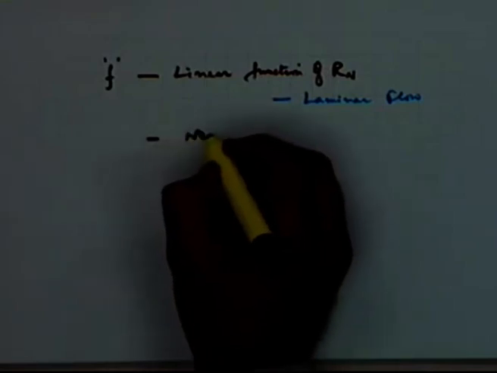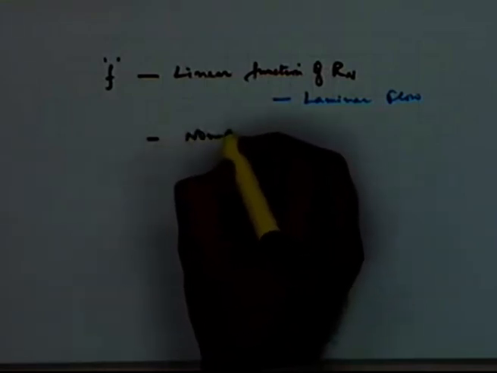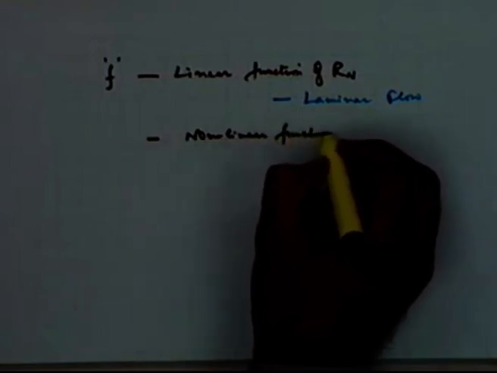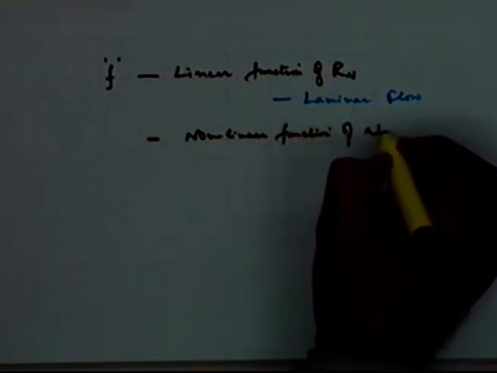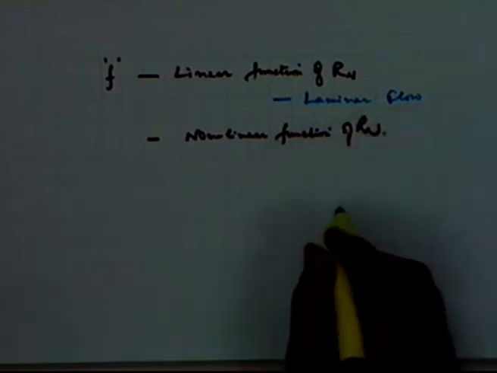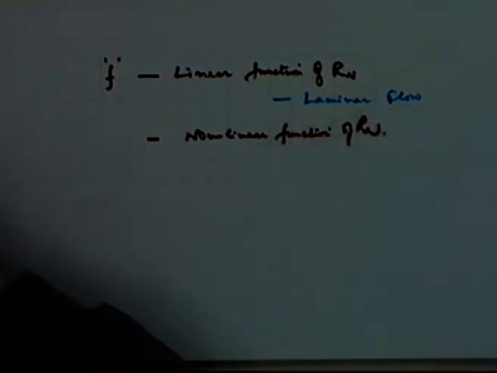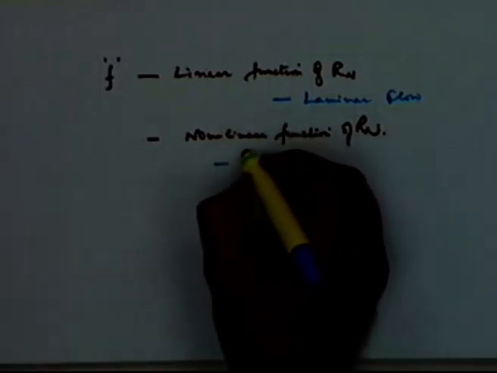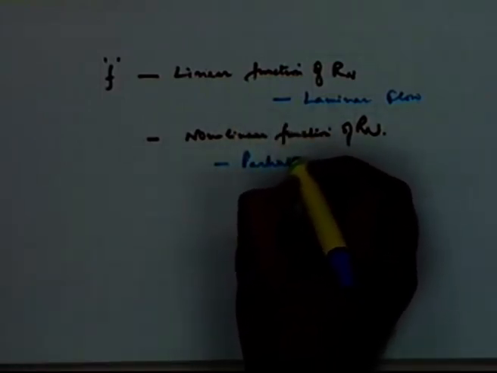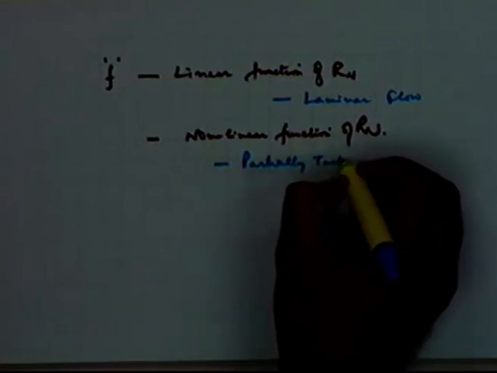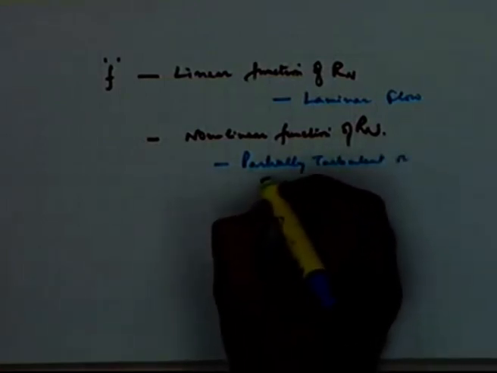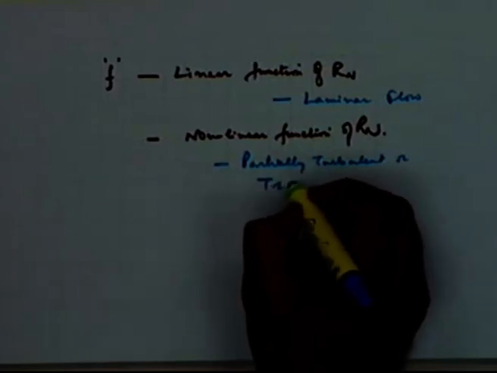It will be a non-linear function of Reynolds number when the flow is partially turbulent, or is also called the transition zone.